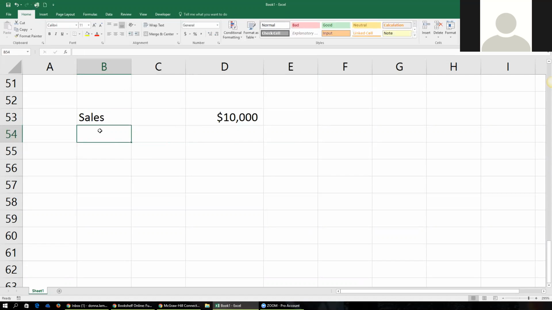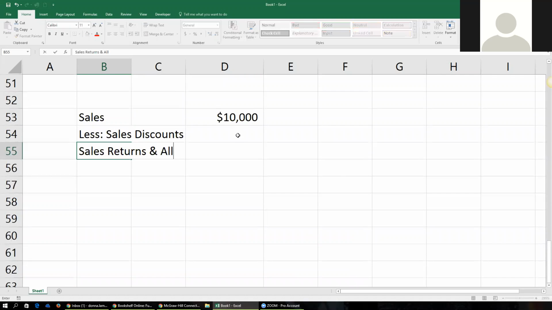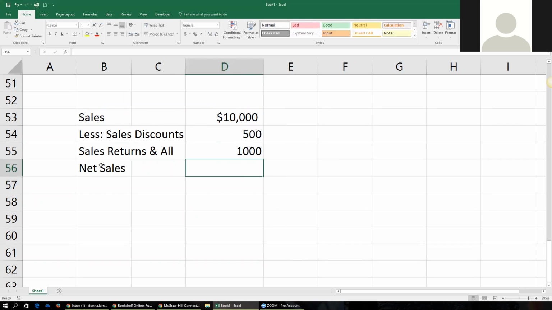But then when the stuff gets returned or you give a discount, that kind of changes that sale number. You would have maybe $500 in discounts and maybe $1,000 in returns. So we would say that the net sales would be $8,500.